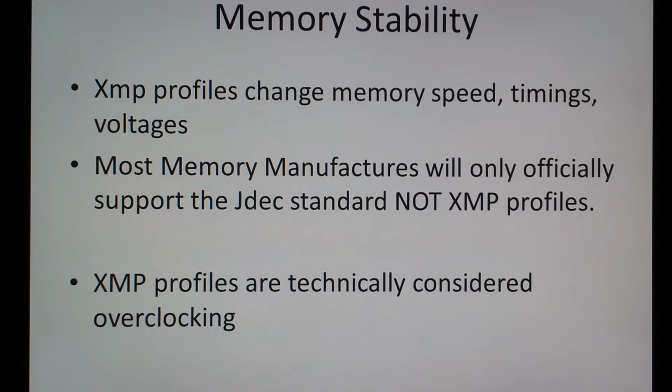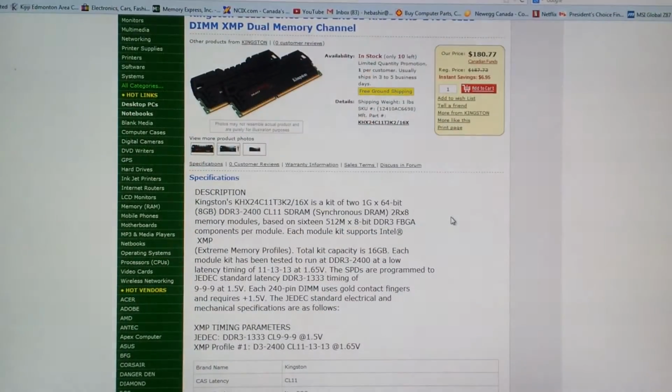And I'm going to give you an example in a second. Also, XMP profiles are technically considered overclocking, so once again, there is no official support from most manufacturers when it comes to XMP profiles.